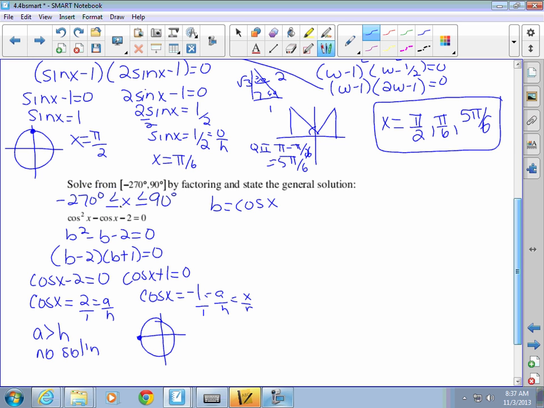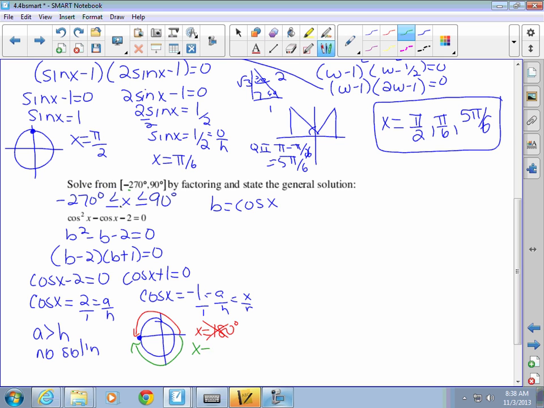So going in a clockwise direction, if I go this way, this value is going to be 180 degrees. But that is greater than my 90, so that one is out. Going in a clockwise direction, because I'm using a negative, would put me here.